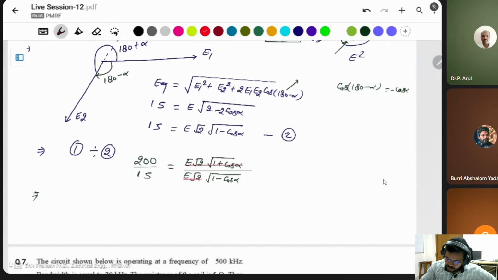This cancels out to each other. 200 divided by 15 will be 13.33. 13.33 is equal to, you can take whole root, 1 plus cos alpha divided by 1 minus cos alpha.